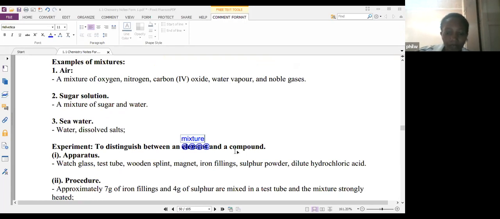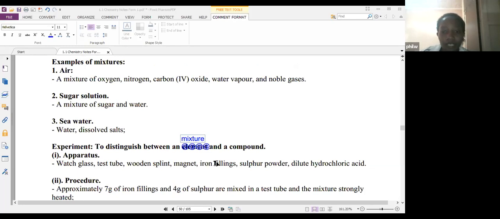Before that, I have a video for this, so I'm going to be showing you in a while. Now look at the apparatus. We have a watch glass. I hope you can remember those apparatus. There's a test tube, a wooden splint, a magnet, iron filings, sulfur powder, and dilute hydrochloric acid, that is an acid. These are the apparatus and reagents that will be used in the experiment.